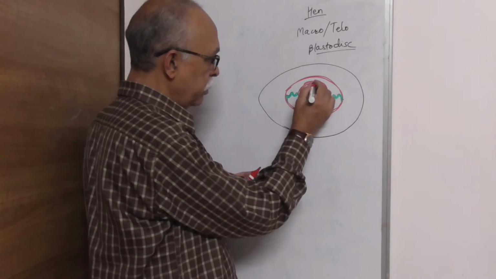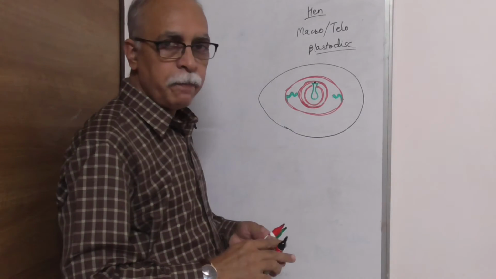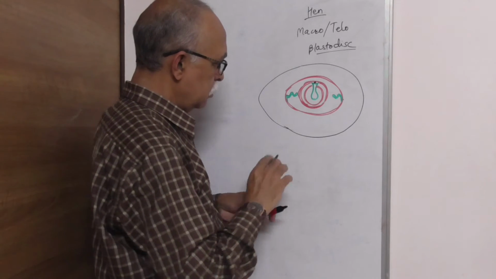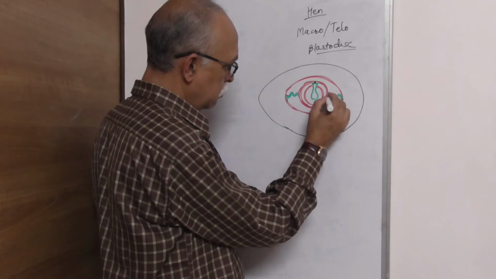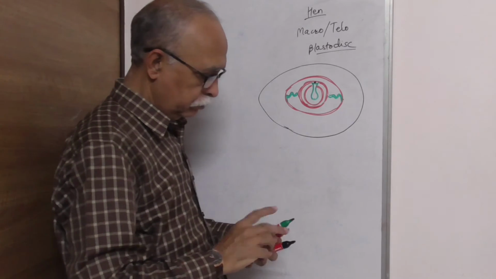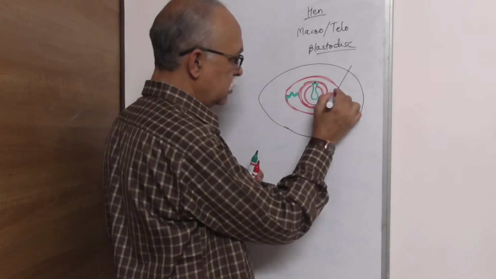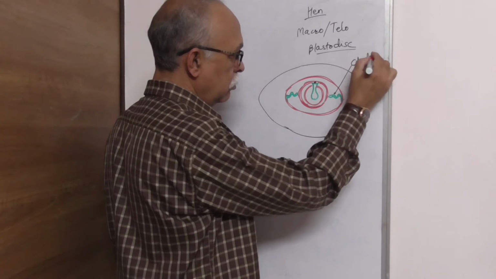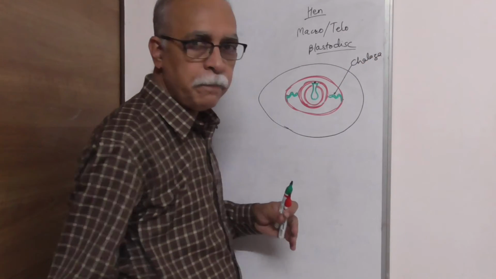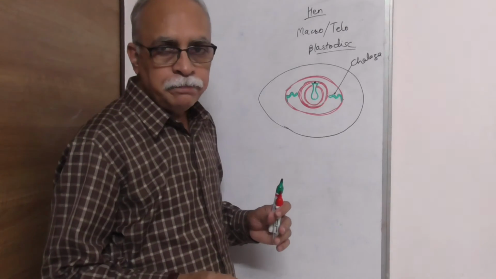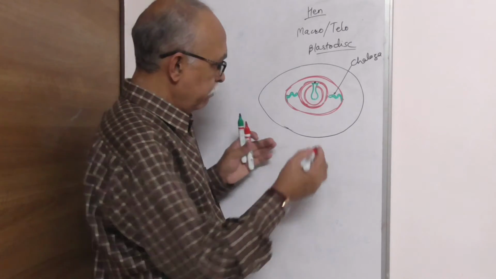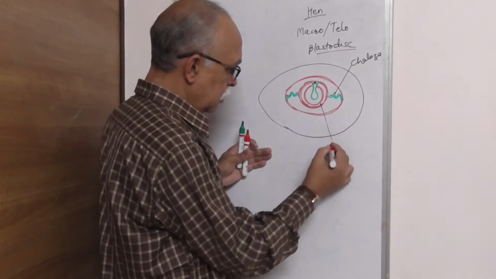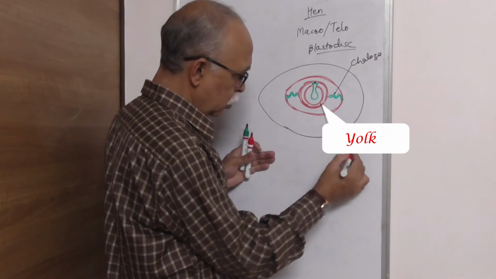Then here it would be the nucleus. This, as I said, is chalaza. Now, these are the yolk circles.